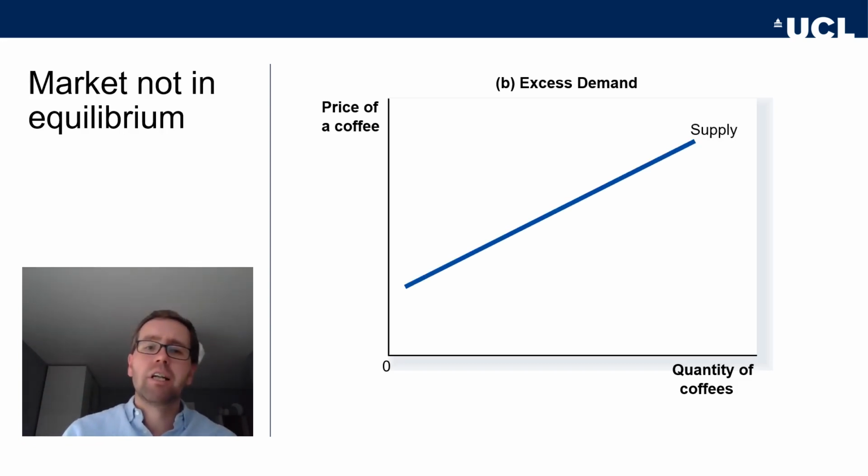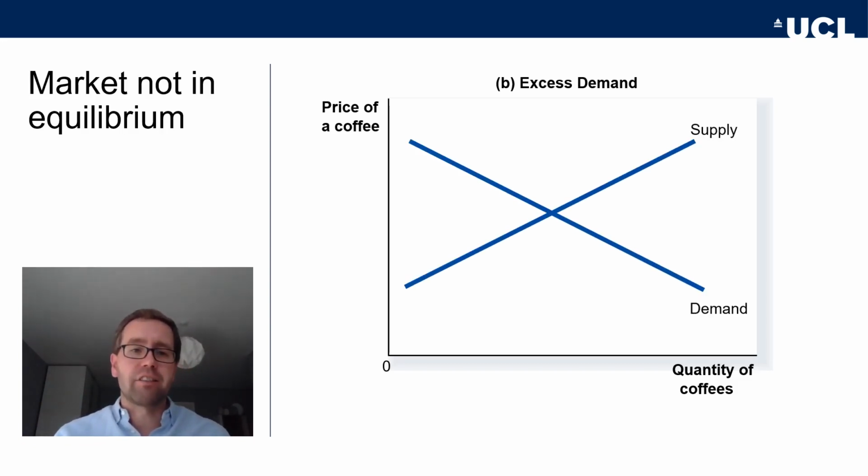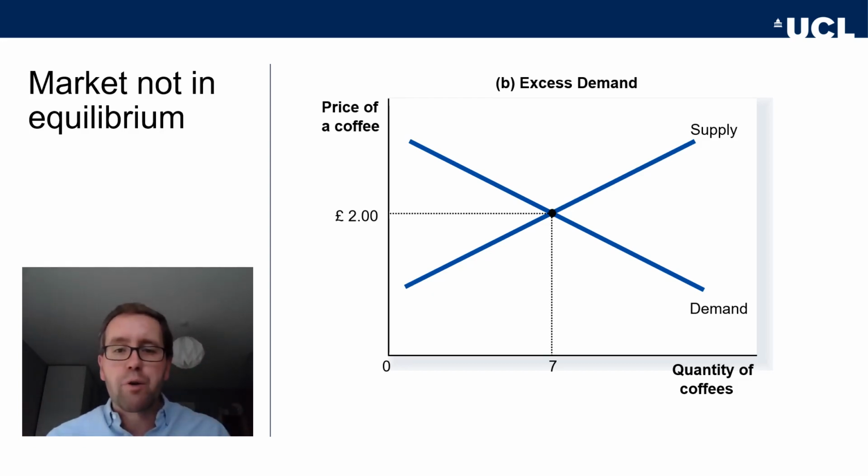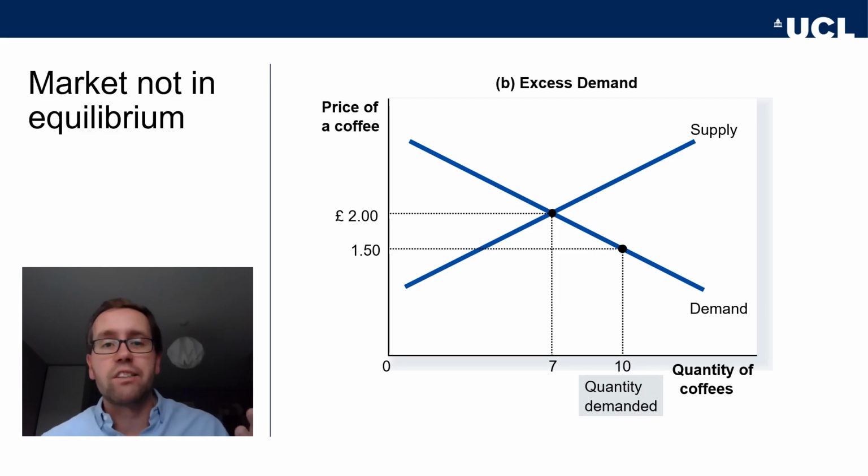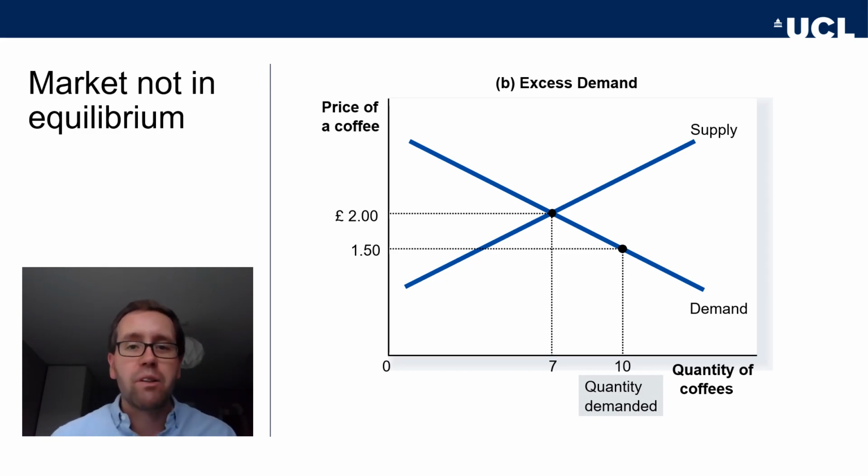Now, what happens if there's excess demand, if there's a shortage? Well, we have our equilibrium price and quantity here, and what if the price of coffee was lower for some reason? Let's say there's a coffee price cap set up by the government. Not very realistic, but it could be.